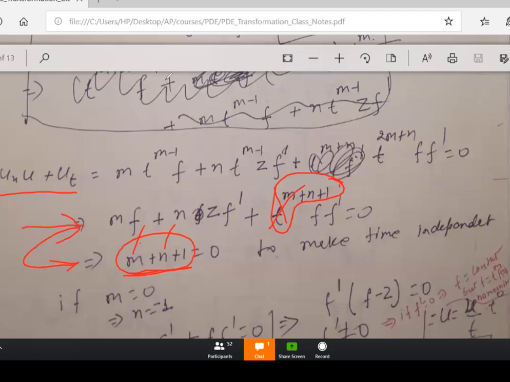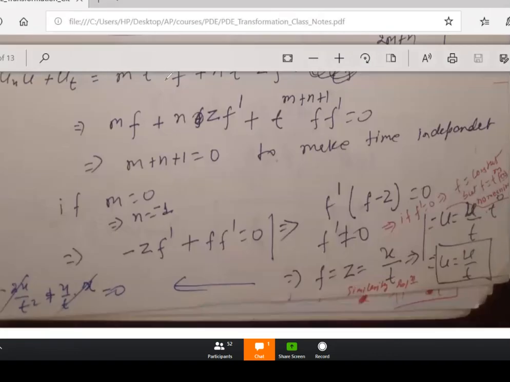So now if you put m equal to 0, this term will be gone. So if you put m equal to 0, you will get n equal to -1. So these two terms here. Now if you see, there is f prime and f prime here. So take f prime out, f is equal to z.